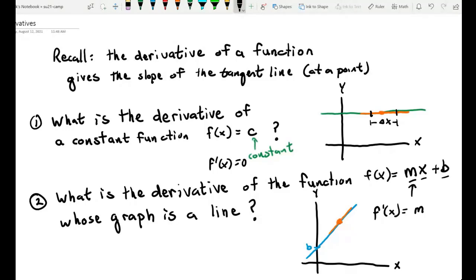Okay. So those are two very basic cases, and also the rate of change, right? So if we want to interpret the derivative as a rate of change of the y values relative to the x values, we see that the slope, change in y over change in x, is exactly the slope of the line, right? And that's constant. So, all right.